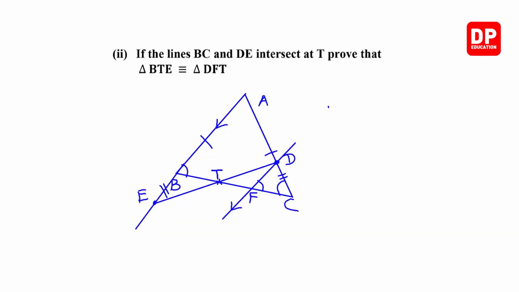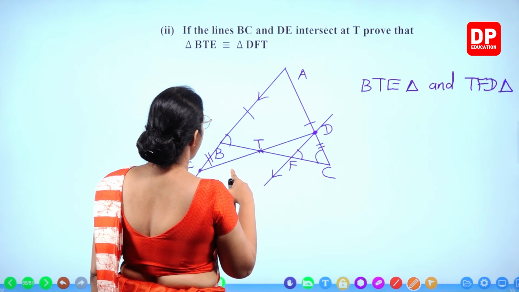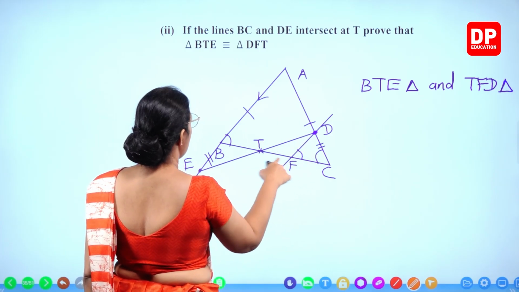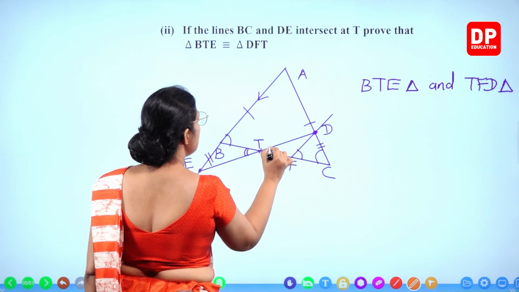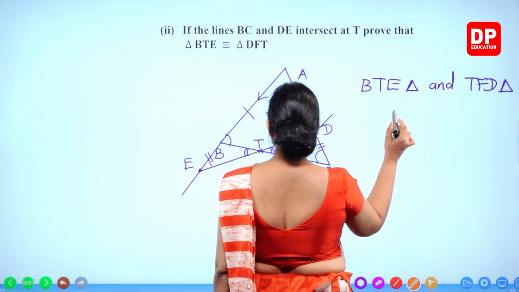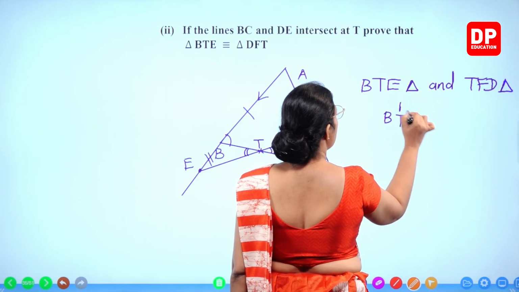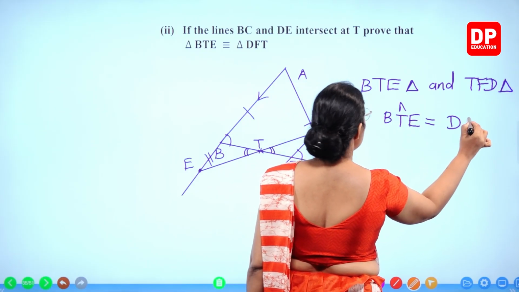Take triangle BTE and triangle TFD. We know that this angle is equal to this angle. You can write down angle BTE is equal to angle DTF.